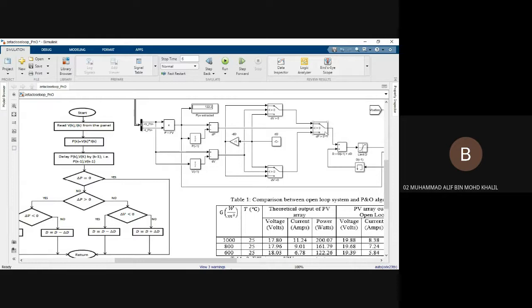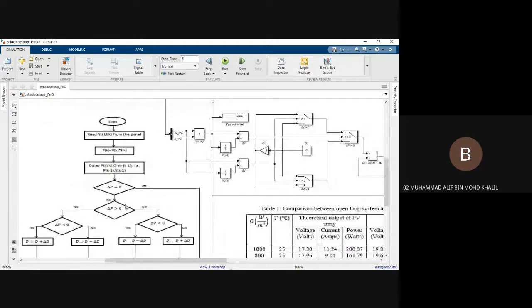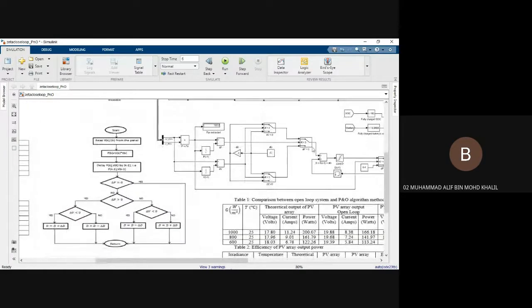So we put it into the switch. The switch is equivalent to the condition here. If delta P is greater than 0, yes, we're going to see the delta V. The delta V here is V(i) minus V(i-1).